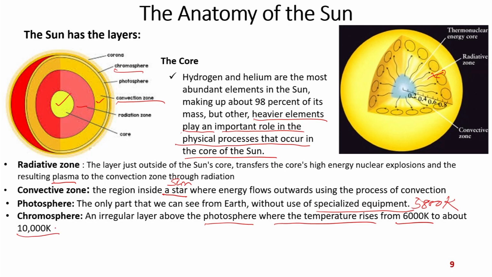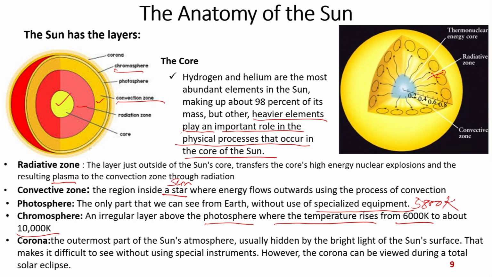This is something that needs to be explained, because generally the flow of energy should happen from higher to lower, but here the opposite case is happening. When you are going away from the sun, the temperature is increasing. Then the outermost layer, also called the atmosphere of the sun, is the corona, the outermost part of the sun's atmosphere.